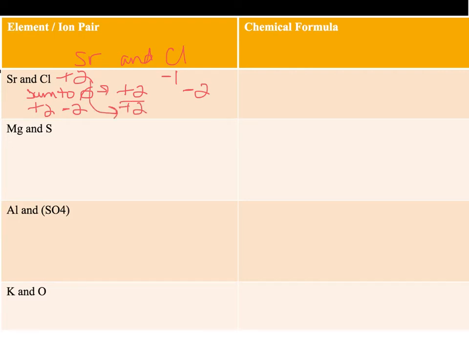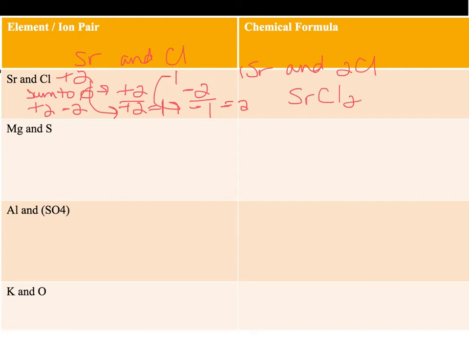So strontium's comes down here, chlorine's comes down here. +2 divided by +2 is 1. -2 divided by -1 is 2. So that tells me I need 1 strontium and 2 chlorines in my chemical formula. This is how I would write it: SrCl2.